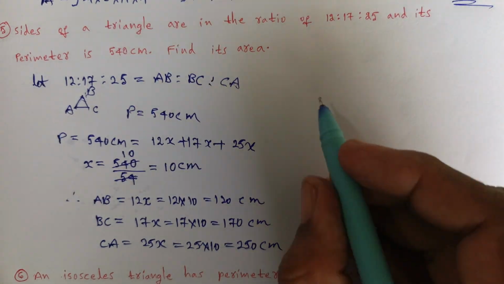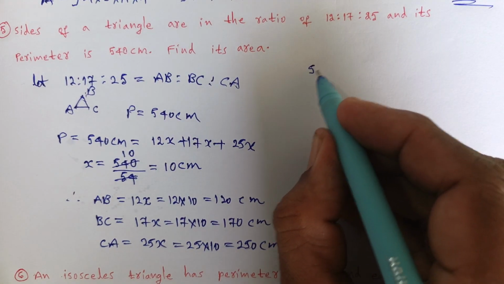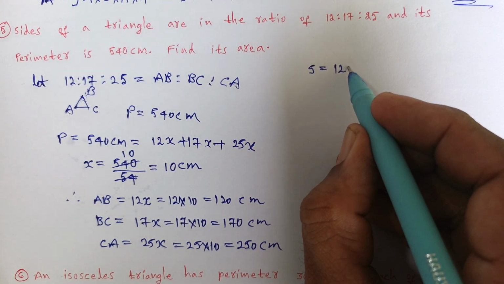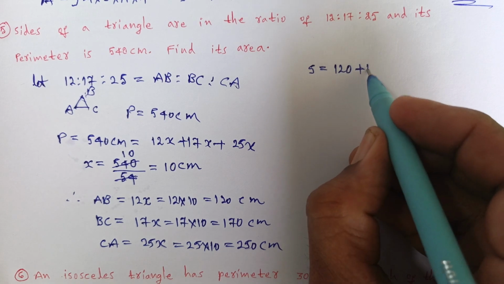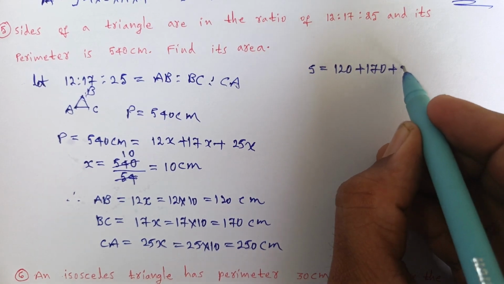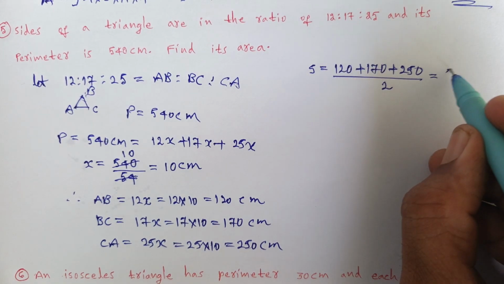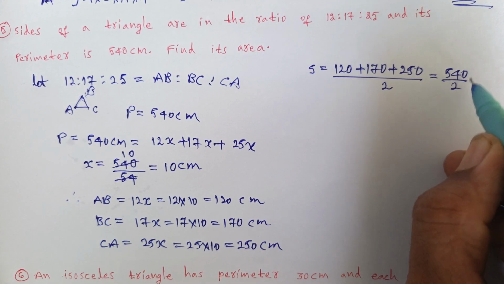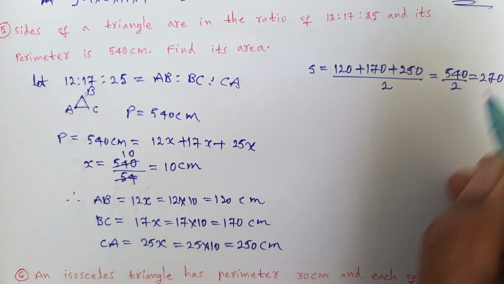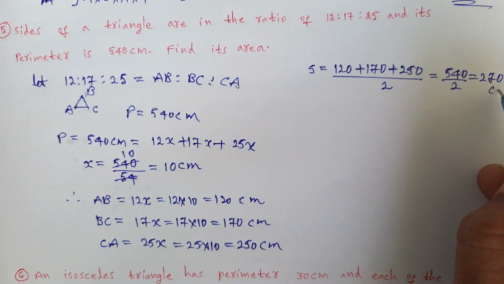Now let's calculate the semi perimeter. So that is AB plus BC plus CA, 120 plus 170 plus 250 by 2. So we will get 540 divided by 2, in other words 270 centimeters.